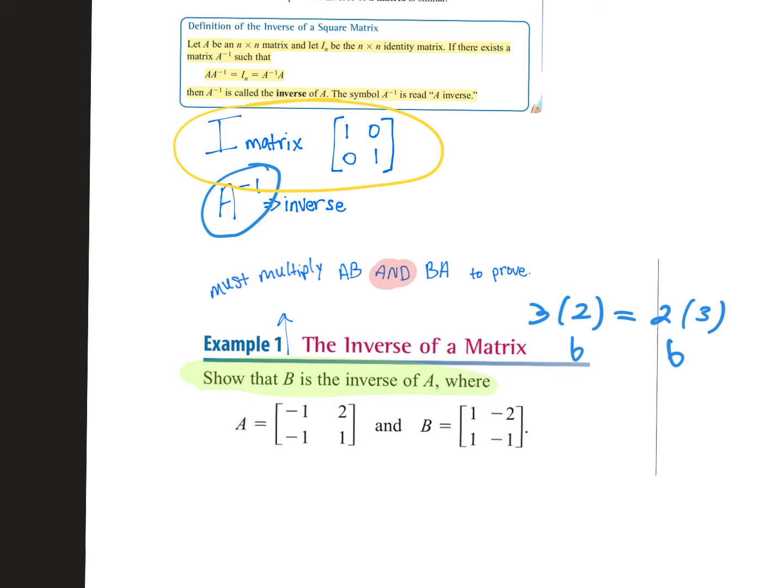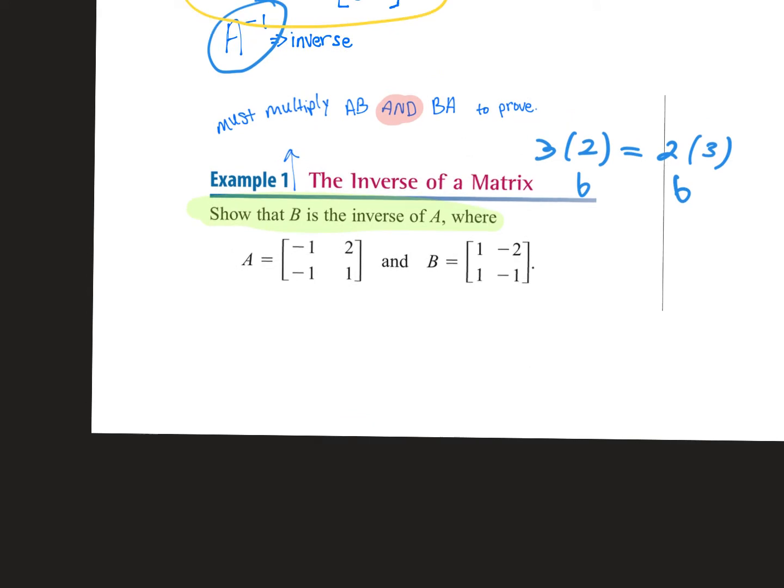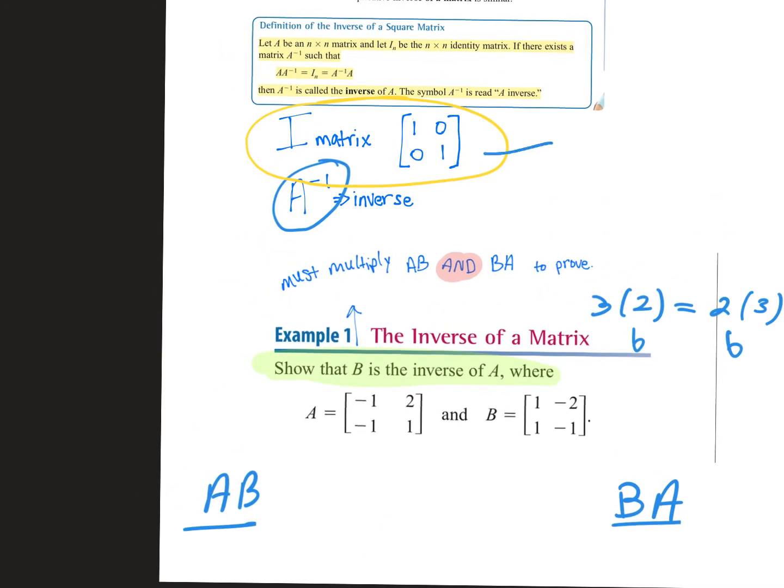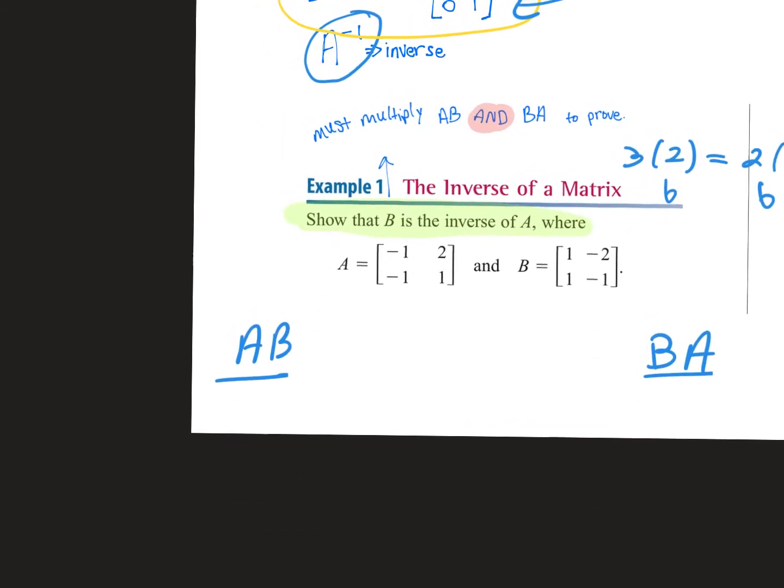So A times B, the product of that, is not always the same as B times A. So when you're given two 2 by 2 matrices and they say prove that they're inverses, you have to multiply A times B, and then you have to multiply B times A. Both of those products have to be the identity matrix in order to prove that they are inverses of each other.